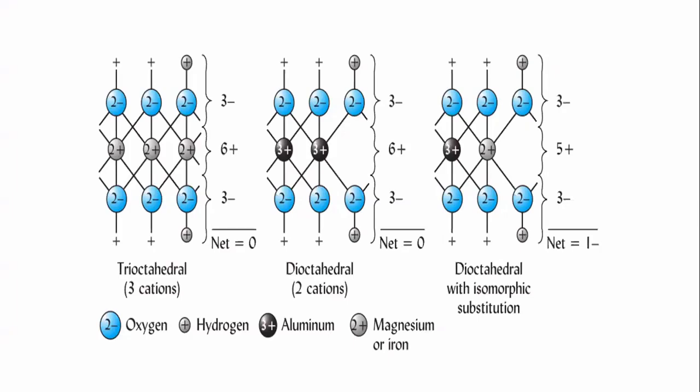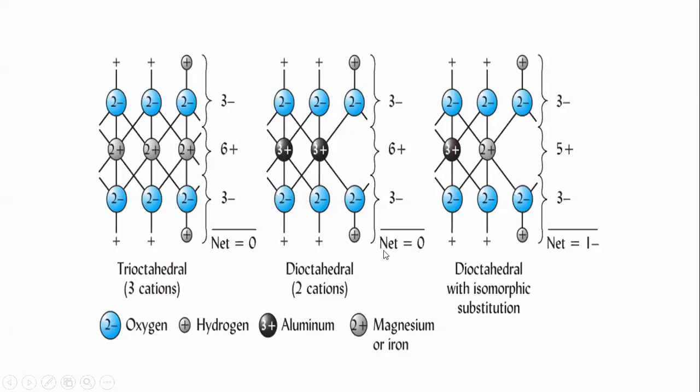So the net charge is neutral, 0. Right. Here, without isomorphous substitution, the net charges are 0 in the trioctahedral sheet and in the dioctahedral sheet. So without any substitution, the net charges are 0.